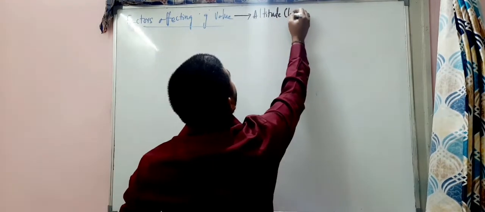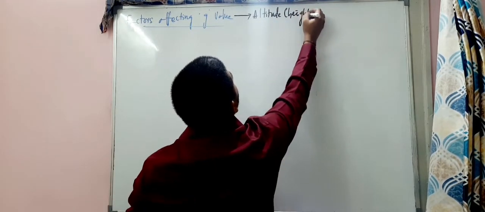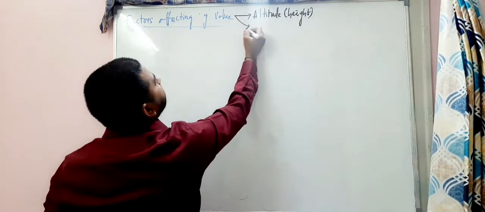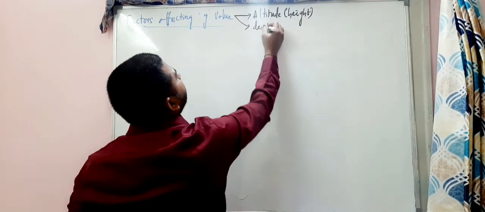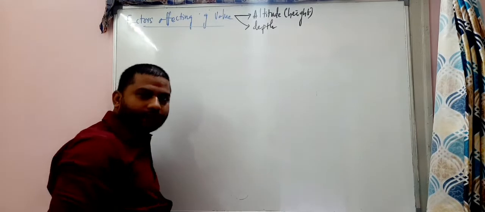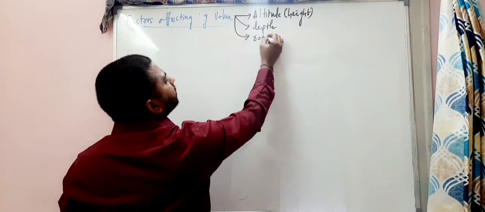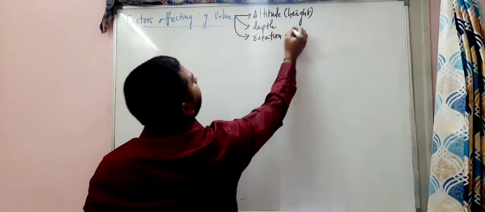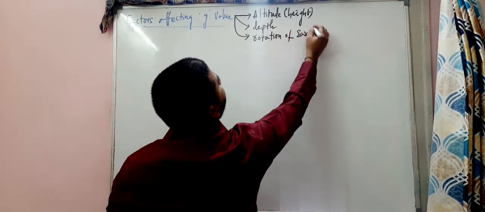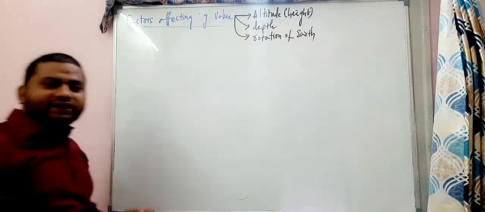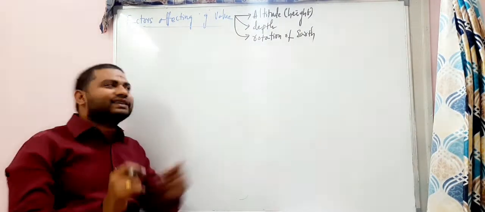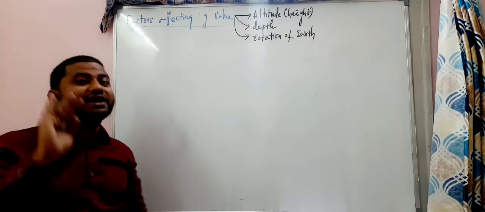Altitude means height of an object. The second one is about depth of the object. And the third one is due to rotation of the earth. Due to rotation of the earth. Acceleration due to gravity varies according to all these three majorly.